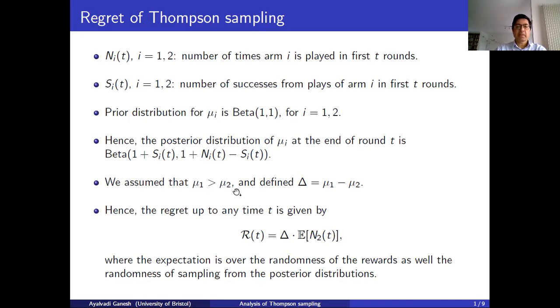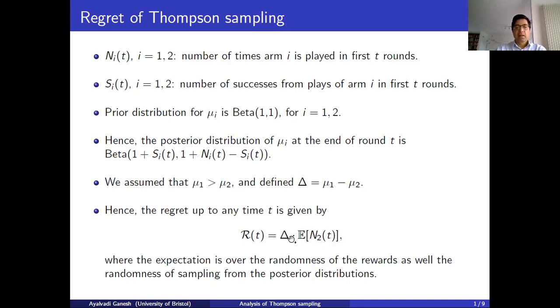Indeed, every time that arm 2 is played, a regret of delta is incurred because we get an expected reward mu 2 rather than mu 1, which we could have got by playing the best arm. And so the regret is the difference, delta. And hence the regret up to any time t is delta times the expected number of times the second arm is played up to this time.